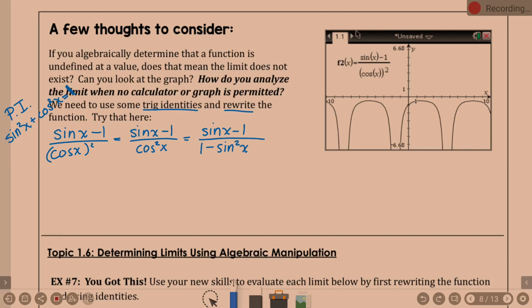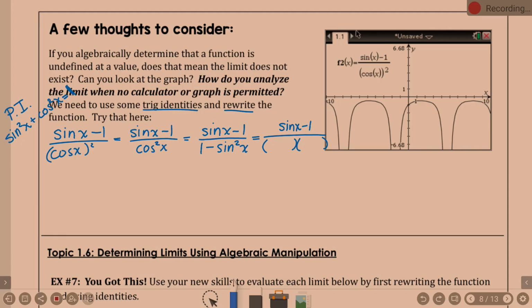Does anyone see what I can do with that denominator? Factor. Okay. So my numerator, I'm still going to leave it as sine x minus 1 here in a moment. Actually, I may rewrite that, but this factors into 2 parentheses. This is the difference of squares.